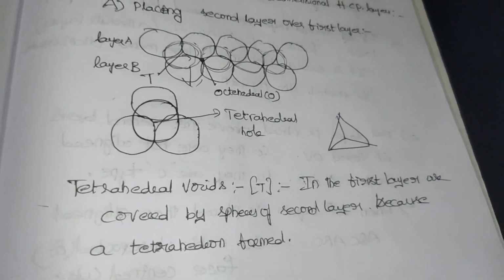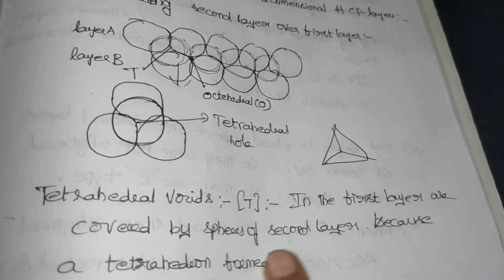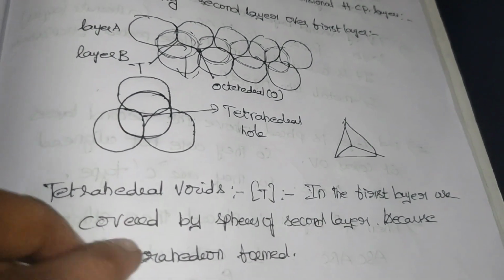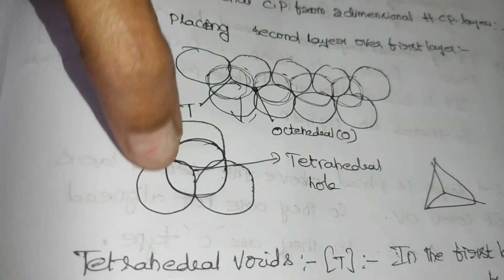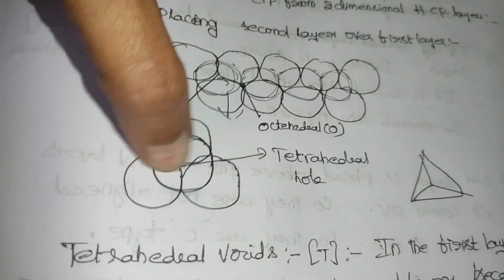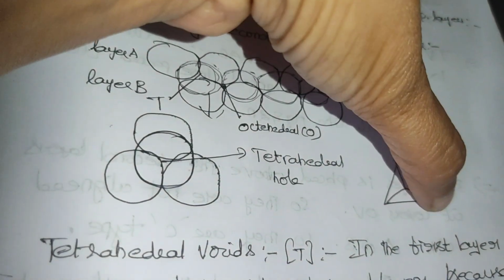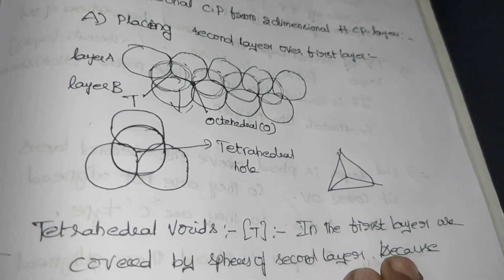Tetrahedral voids are holes in the first layer covered by spheres of the second layer, because a tetrahedron is formed. So here the first layer is covered by a second layer, so that a tetrahedral hole is formed like this shape. Tetrahedral shape is there, so it is called tetrahedral hole or tetrahedral void.